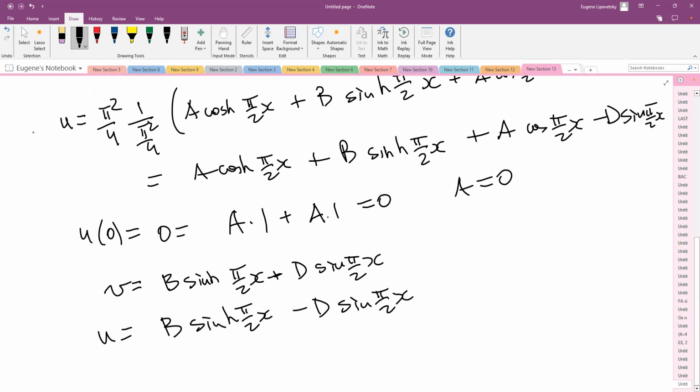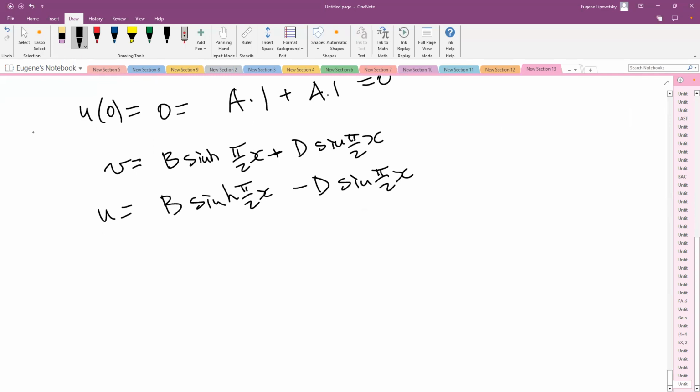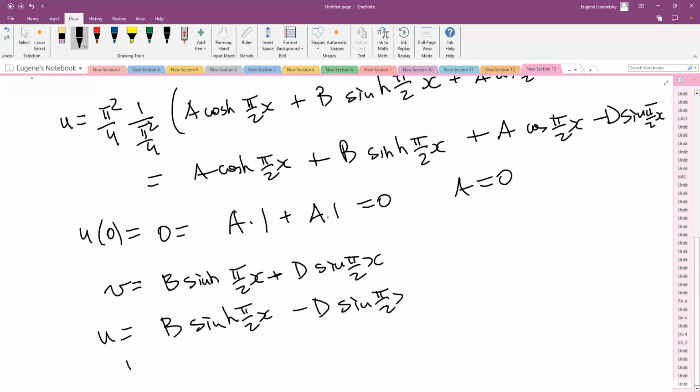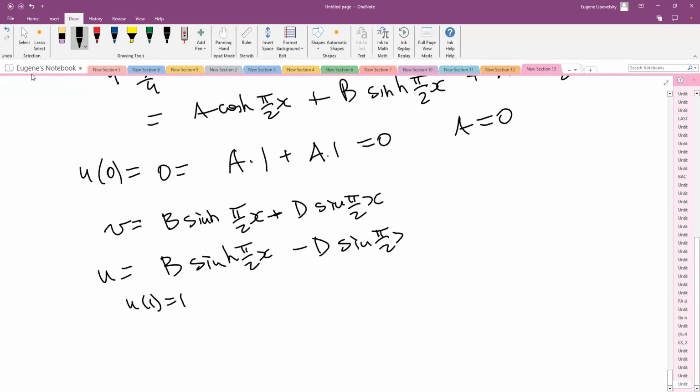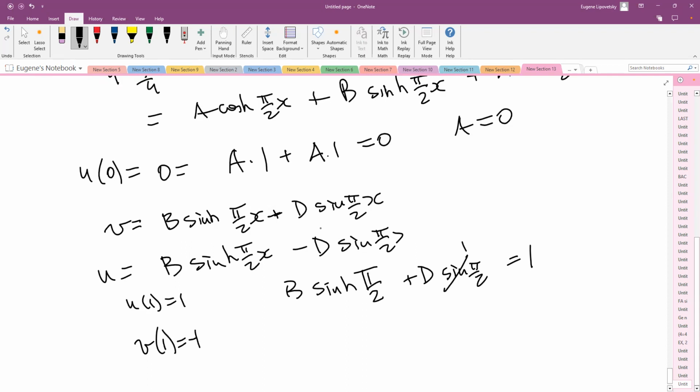All right. And now we apply the condition at 1. U of 1 equals 1. And that means b sinh of pi over 2 plus d sine of pi over 2, which is 1, equals 1. And v of 1 equals minus 1.